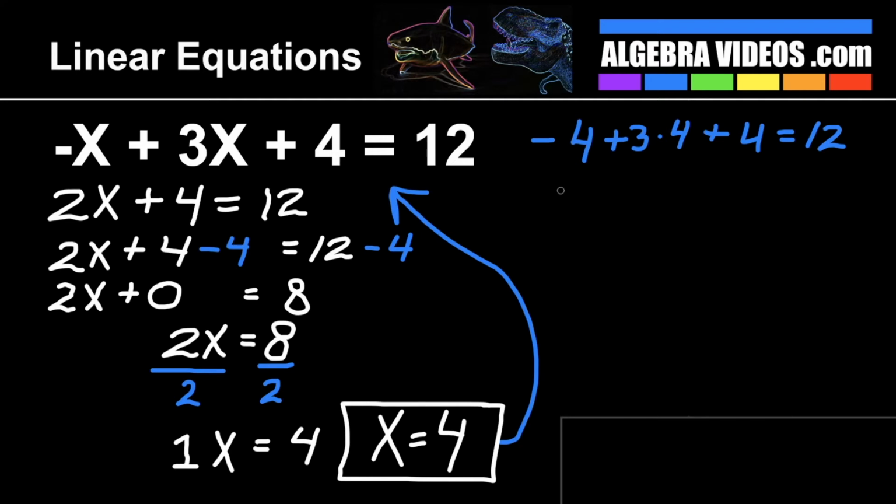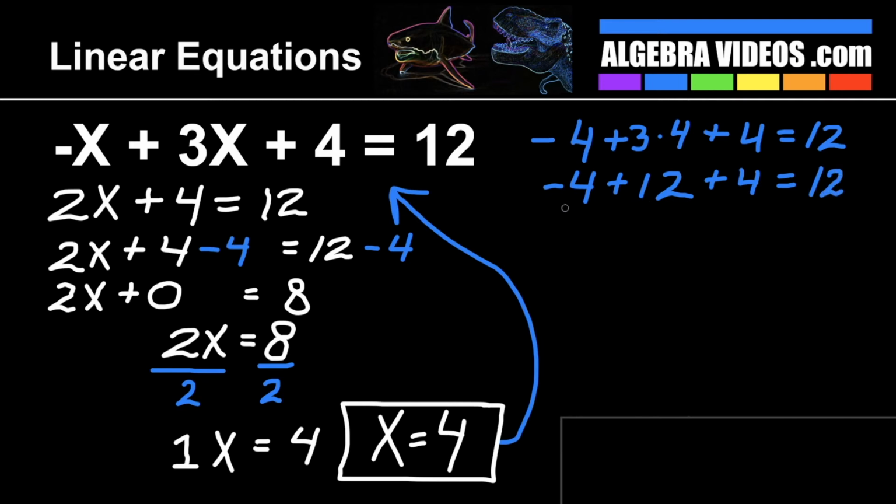So now let's simplify this. We have minus 4, we're just bringing that down, unchanged, plus 3 times 4 is 12, plus 4 equals, and on the right side, just bringing down the 12.